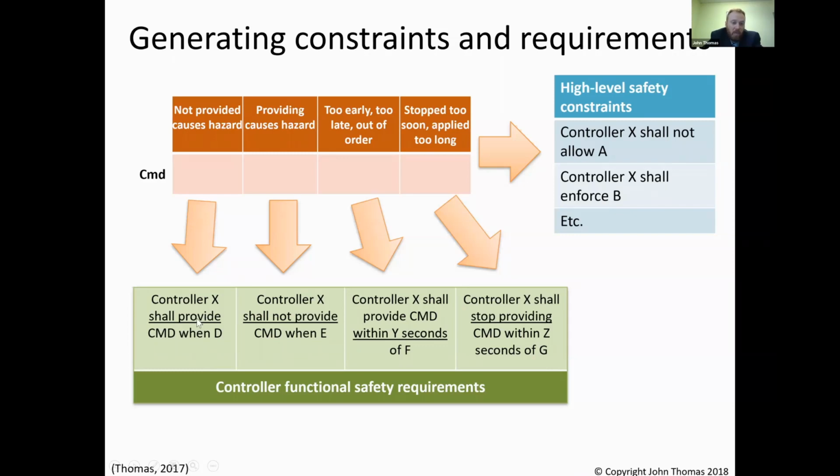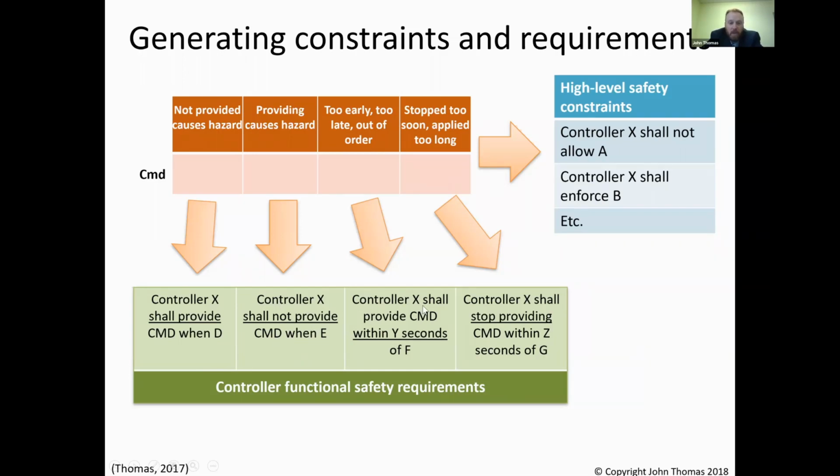Controller X shall provide this command when D. Does that look familiar? Controller X shall not provide this command when E. You might not like the shall nots. I completely understand. But there are things we don't want to happen. You can call these requirements or something else if you want, or you can ignore them if you want, but the method will produce them.